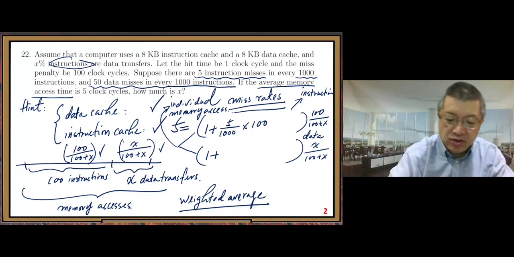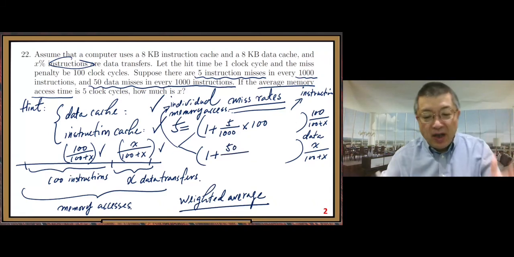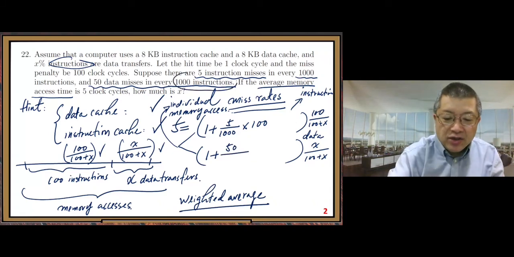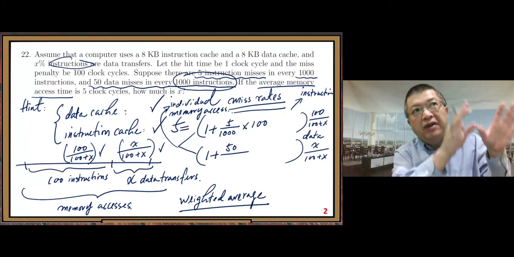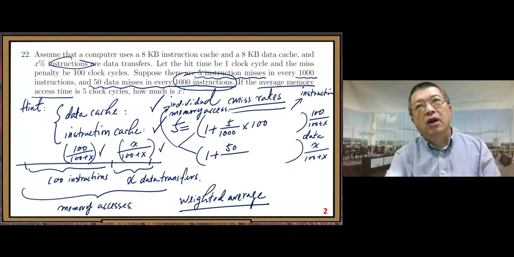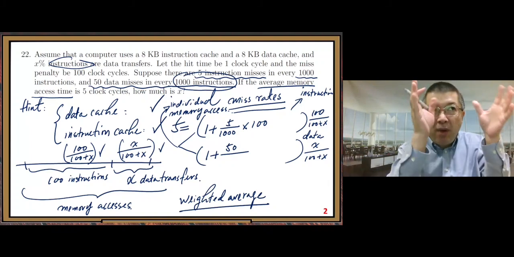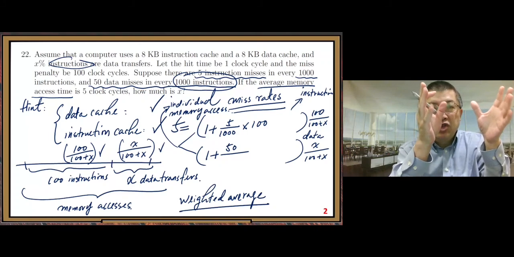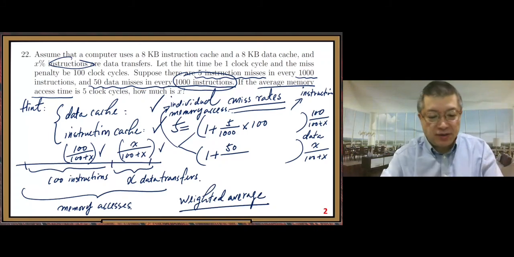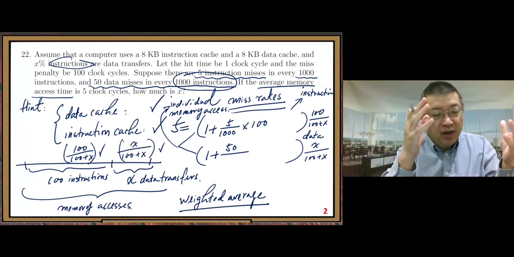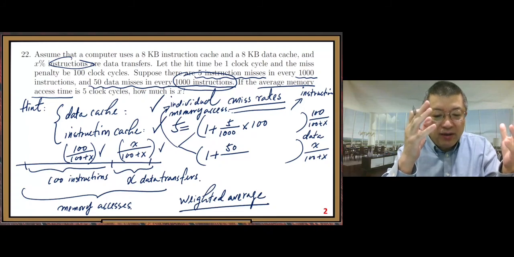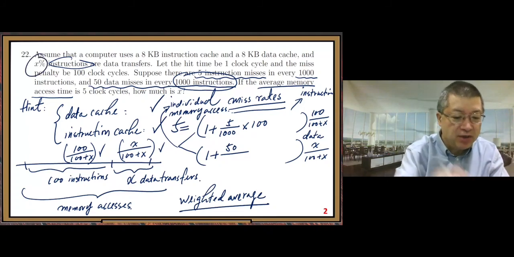But in those 1,000 instructions, only part of it corresponds to data accesses. Which part? X%.